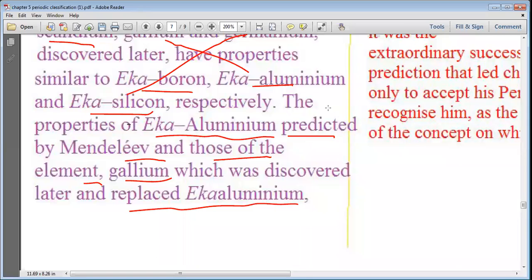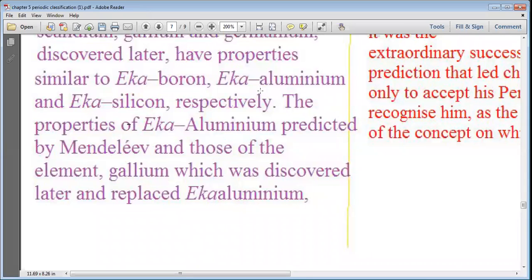The way Mendeleev predicted the properties, for example the properties of eka aluminium, the properties of gallium were found to be very similar to what Mendeleev predicted. So Mendeleev boldly predicted these elements, he put some gaps, and these gaps were given some names.